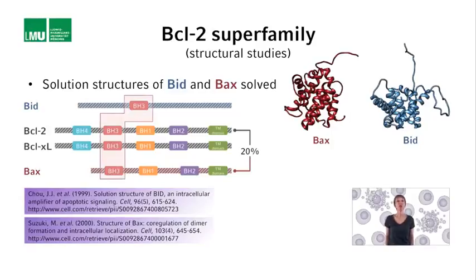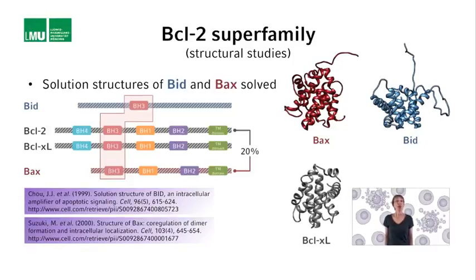However, the solution structures of BID and BAX revealed that they had overall structures and folds that were very similar to that of BCL-XL. Not only that, their folds also resembled the folds of pore-forming bacterial toxins such as diphtheria toxin. That was a real surprise, especially in the case of BID.